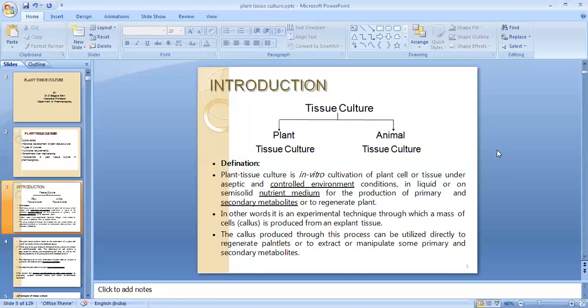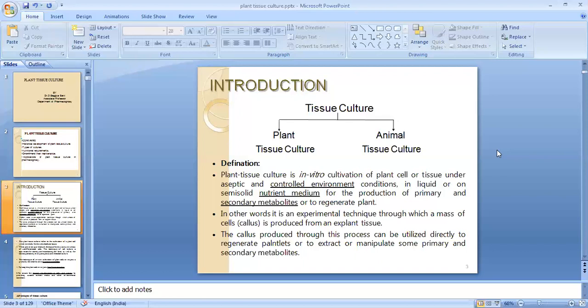What do you mean by biotransformation? In a usual plant cell, the biosynthetic pathway is going on. That means how the secondary metabolite or a primary metabolite is produced from the starting material.